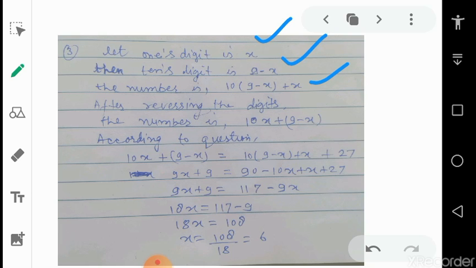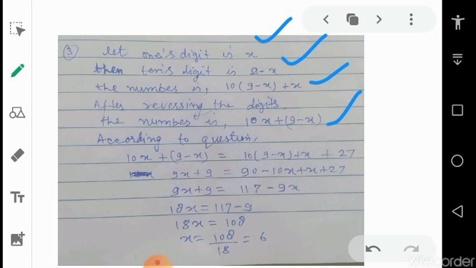Because the tens digit is multiplied by 10. So we have written 10 multiplied by (9 minus x) plus x. And after reversing the digits, we have 10 multiplied by x, because the digits have changed their places, and we have this number.